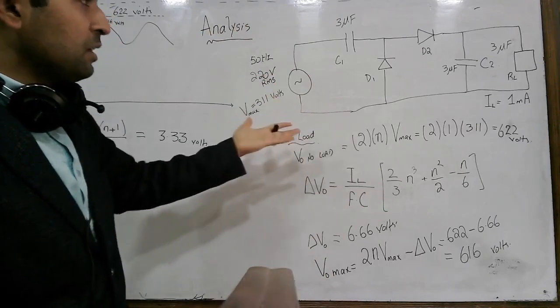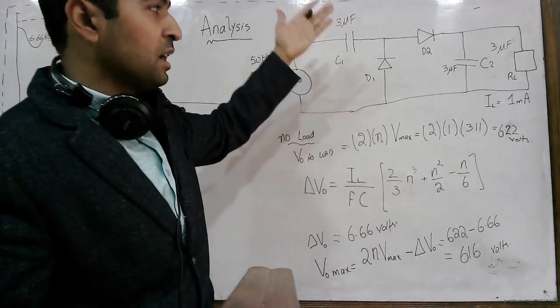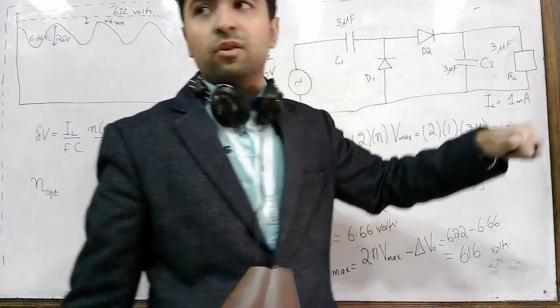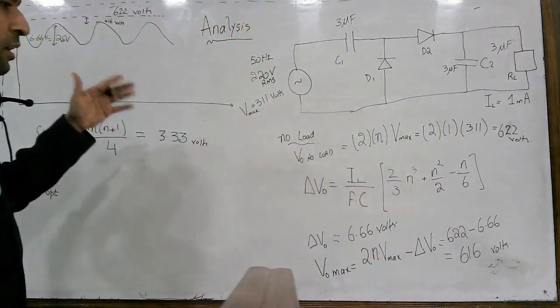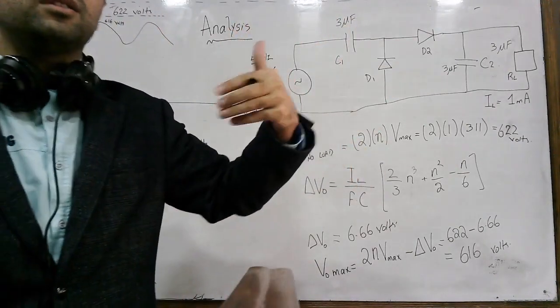You have the limitations of the input frequency, the capacitor charging and discharging, and the load current. You have these constraints, so you cannot choose the maximum number of stages at your will.